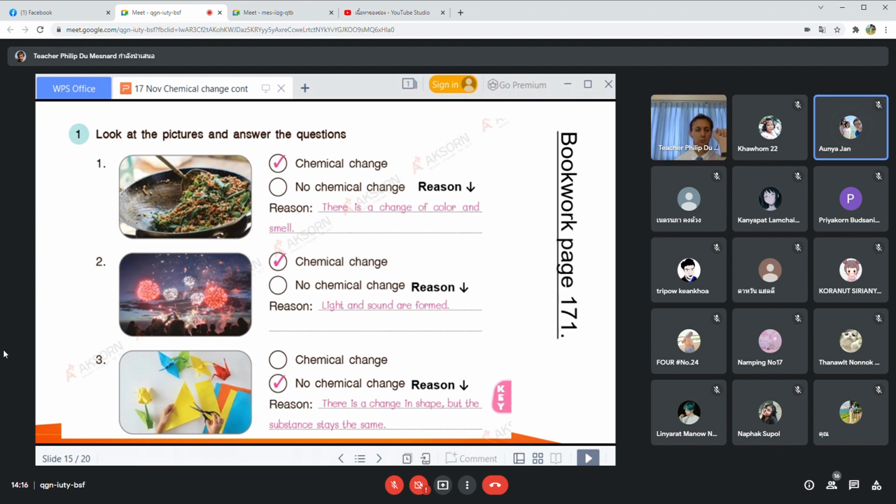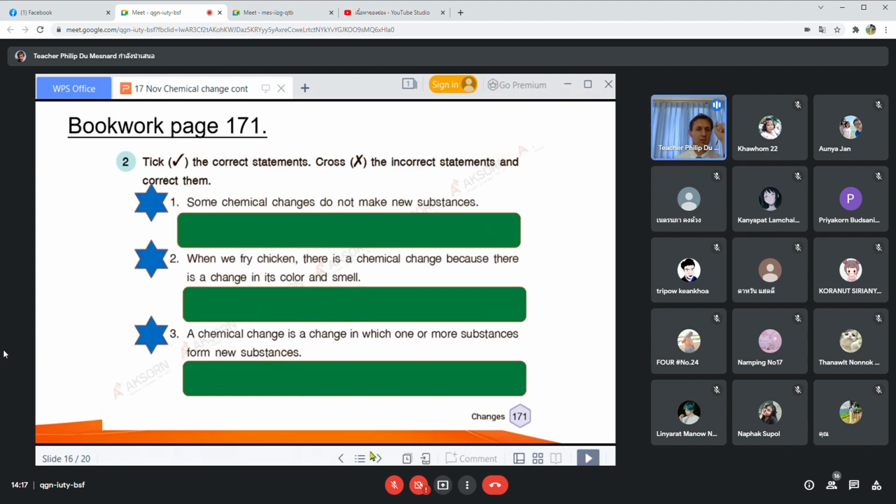Yes. Okay, so now you just have to say, is the sentence right or is the sentence wrong? And then if the sentence is wrong, you have to fix the sentence.